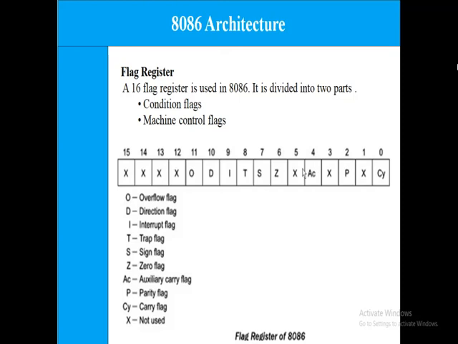First, the 0th position is the carry flag. Second position, parity flag. In the 4th position, it is the auxiliary carry flag. 6th position, zero flag. 7th position, sign flag. These are the conditional flags, that is the lower 8 bits of the flag register, 0 to 7, that is a total of 8 bits. These 8 bits are the lower order 8 bits of the flag register containing the conditional flags.